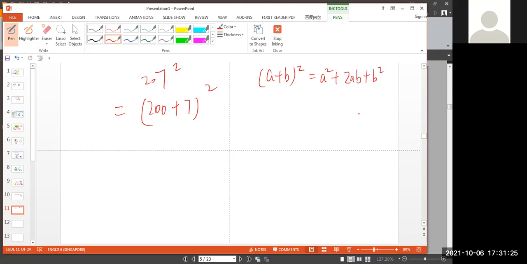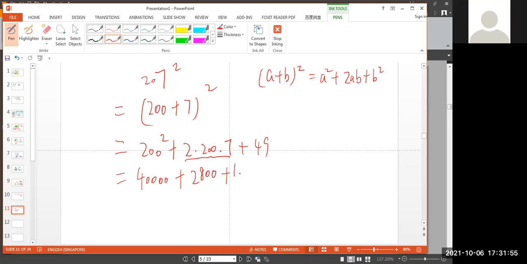This is one of the formulas you need to remember or memorize. So you will end up with 200 square plus 2 times 200 times 7 plus 49. So 200 square is 40000, then plus this is 400 times 7, this is 2800. And of course you plus the 49.